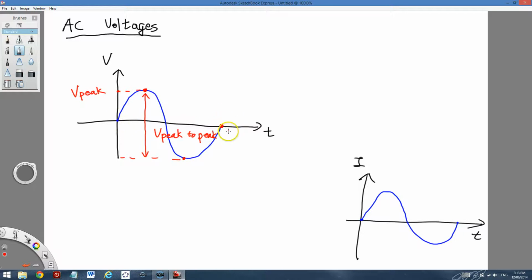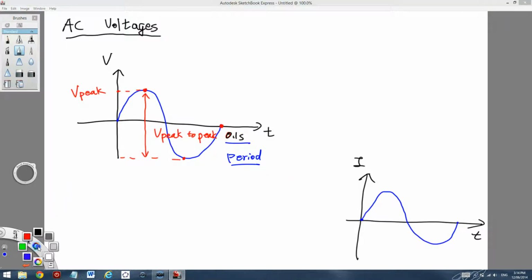Say this is 0.1 second. So this horizontal length, 0.1 second, will be called the period. However, there are more sophisticated ways of describing it, and you need to learn this all.